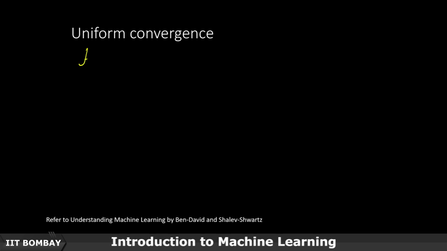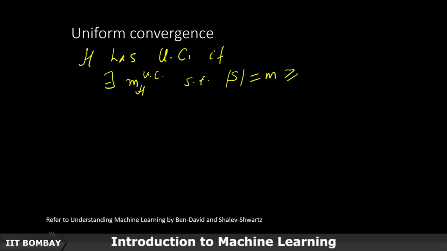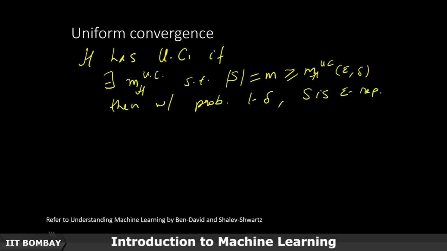We will say that a hypothesis class H has uniform convergence if there exists some function from that hypothesis class for the uniform convergence sample size, such that if the size of S, which is m, is greater than or equal to m_H^UC of epsilon and delta, then with probability 1 minus delta, S is epsilon representative.